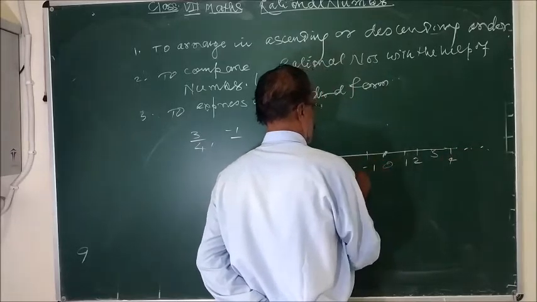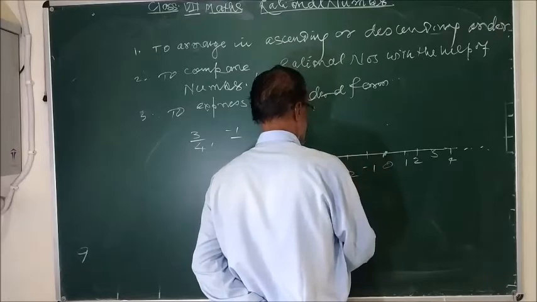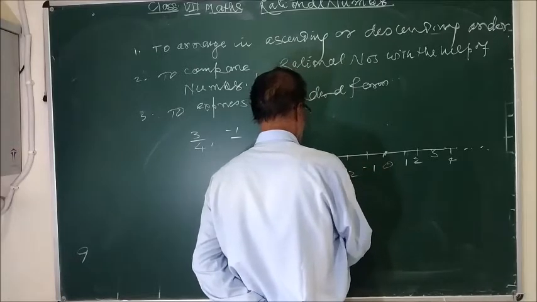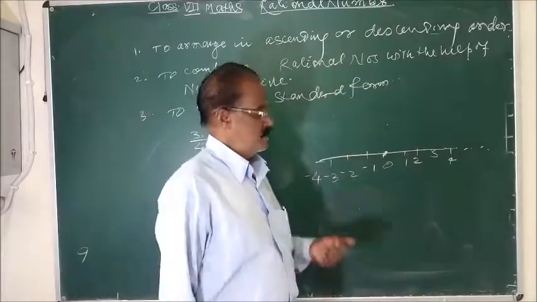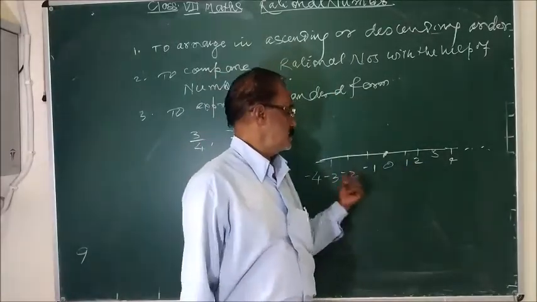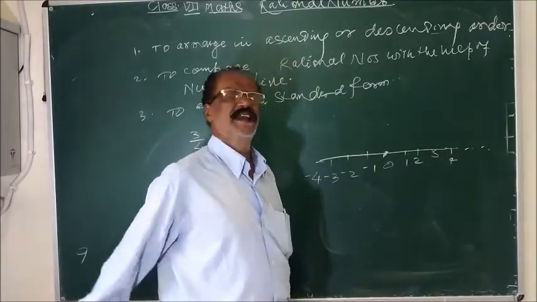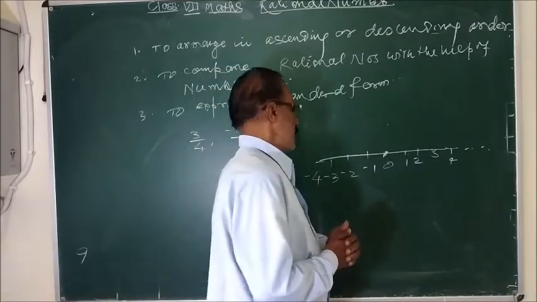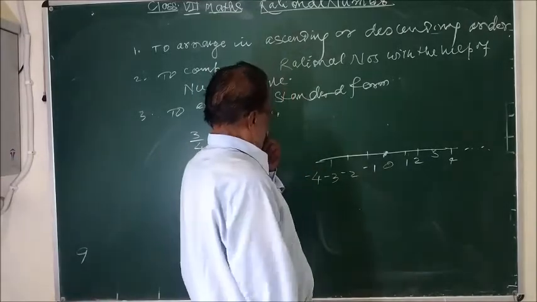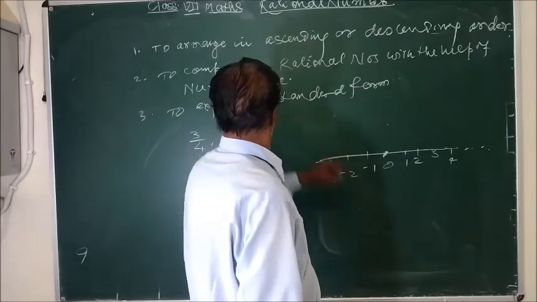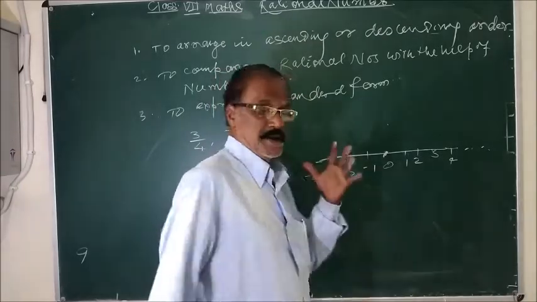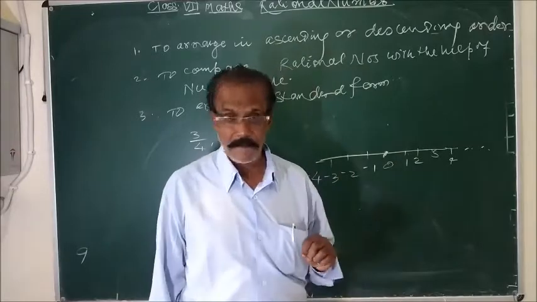And on the left side minus 1, minus 2, minus 3, minus 4. Similarly, you can also represent rational numbers, although these are natural numbers and these are integers, negative numbers. So on the number line, first I explain how you will compare rational numbers, greater or smaller.